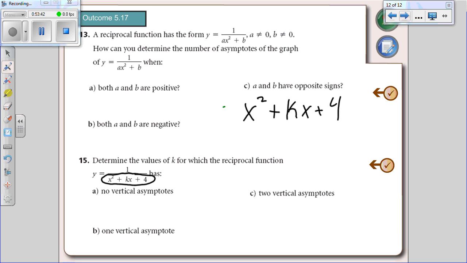How do we figure out the number of x-intercepts something has without graphing it or without solving? Quad formula is close. The discriminant. The discriminant tells you how many x-intercepts something has, so it also tells you how many asymptotes.